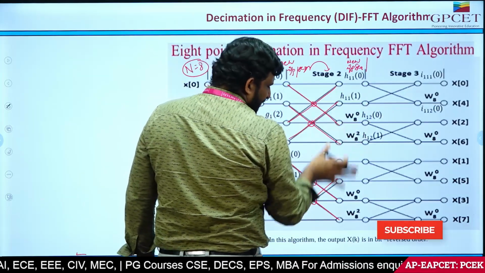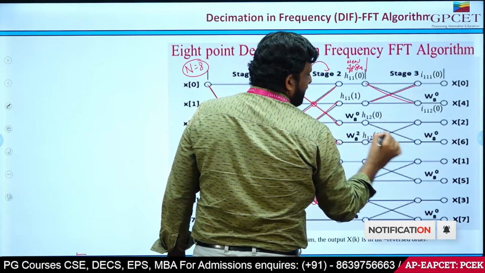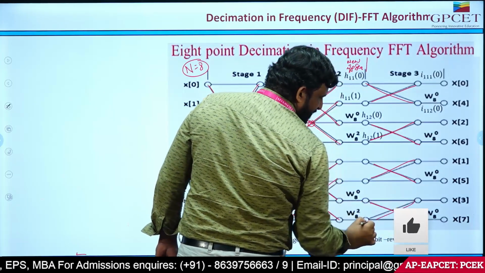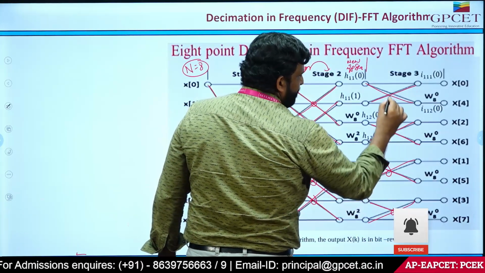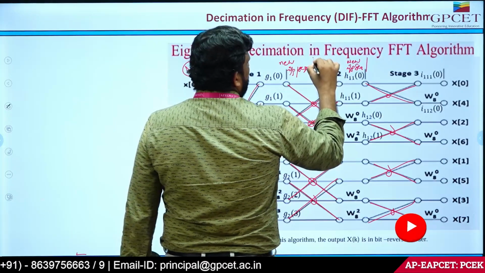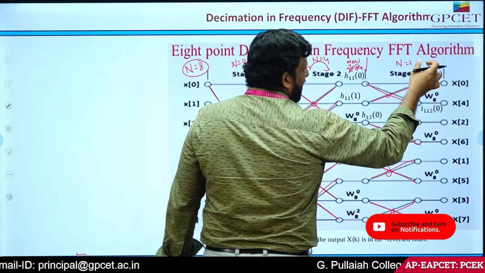Now here finally what am I going to get? First structure, second structure, third structure and fourth butterfly structure. Fine. N is equal to 8, N is equal to 4 and N is equal to 2. So finally we got 2.